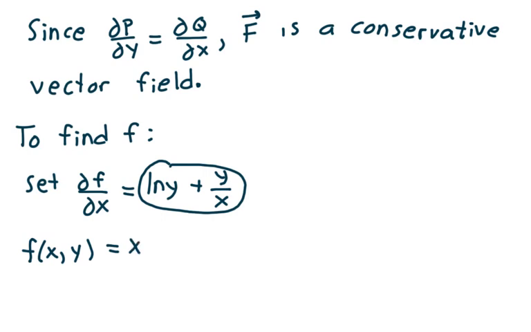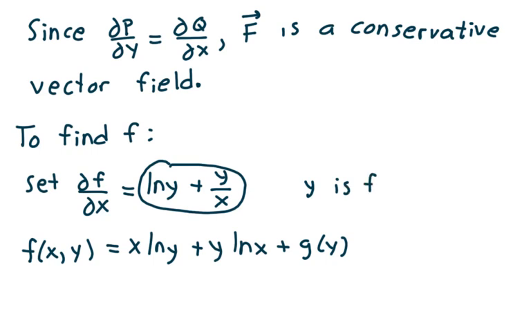And so over here we get x natural log of y plus y natural log of x plus g of y. Okay. Remember, y is fixed. It's constant. And if y is fixed, y squared is fixed, sine of y is fixed. So any function of y is essentially fixed.